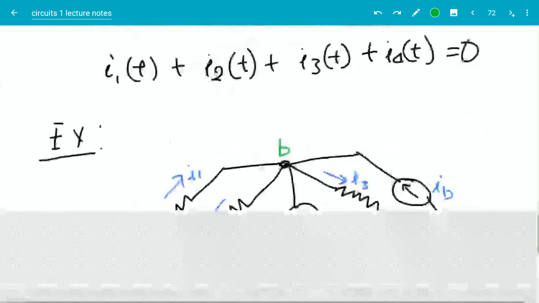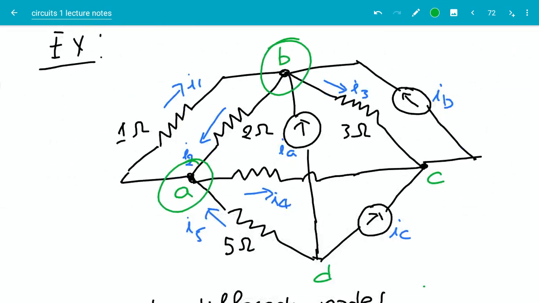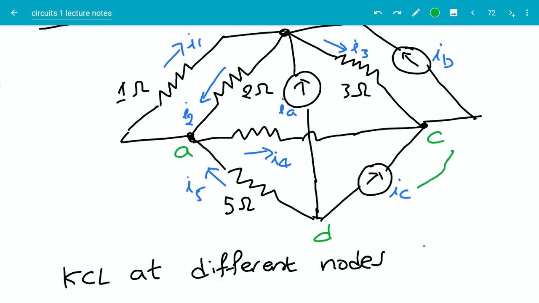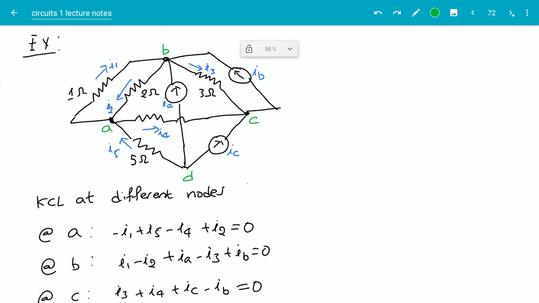So let's look at KCL in action in a certain circuit. If you observe this circuit, there are 4 nodes, A, B, C, and D. Let me first apply KCL at node A. Remember, KCL says the sum of all currents going into node A should be equal to 0.